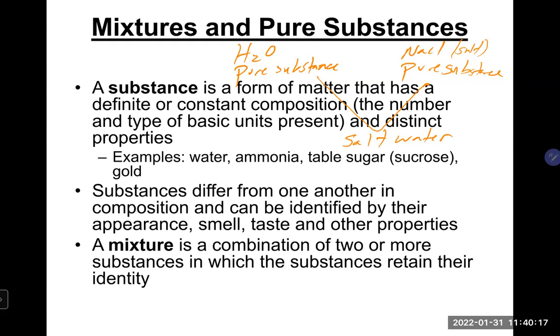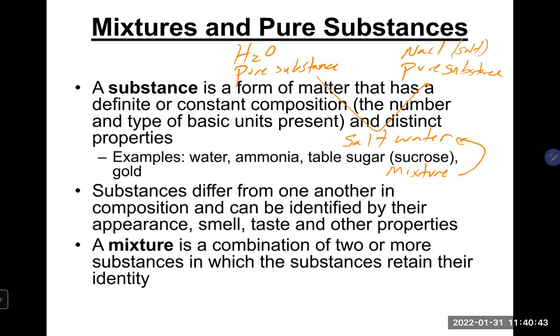So a mixture is when we take two or more pure substances and mix them together. The important part about a mixture is this: even though you mix them together, even though you look at them and can't see any one part of it, everybody still maintains their identity.